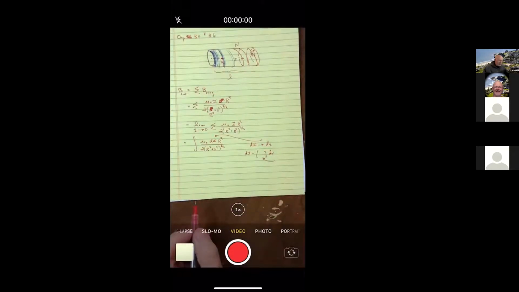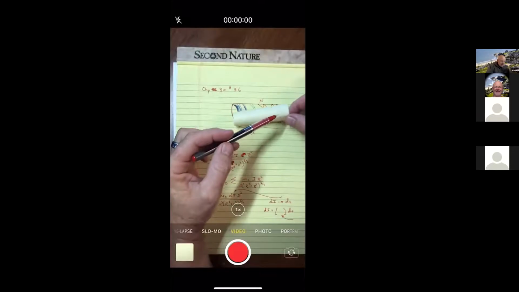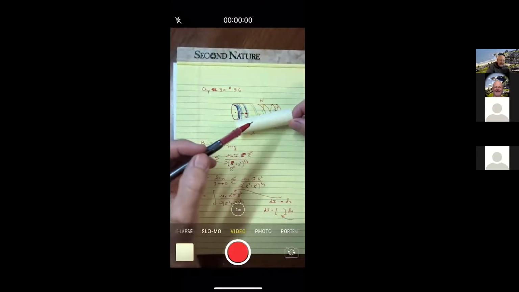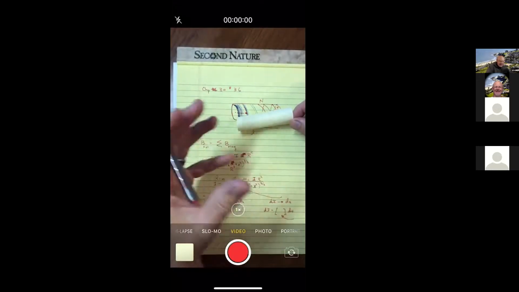Okay, so what is that variable? Well, I would look at it this way. Maybe I'll come back to my cylinder up here. And kind of like we did for the charged rod, we looked at the density of the charges. Let's look at the density of the current.